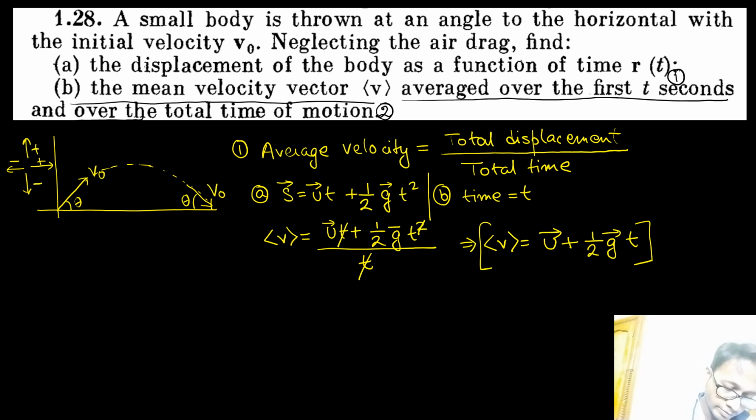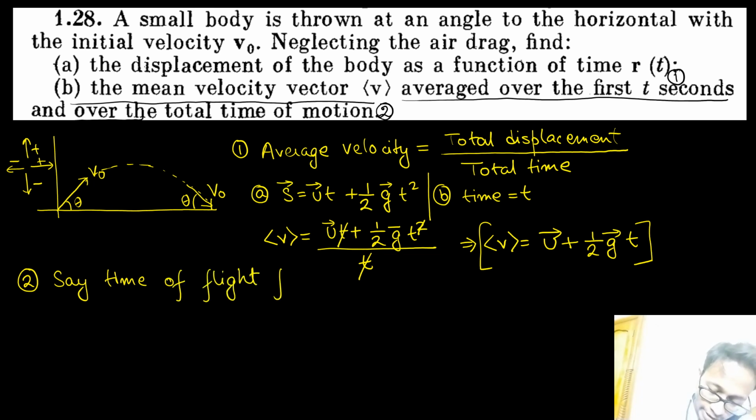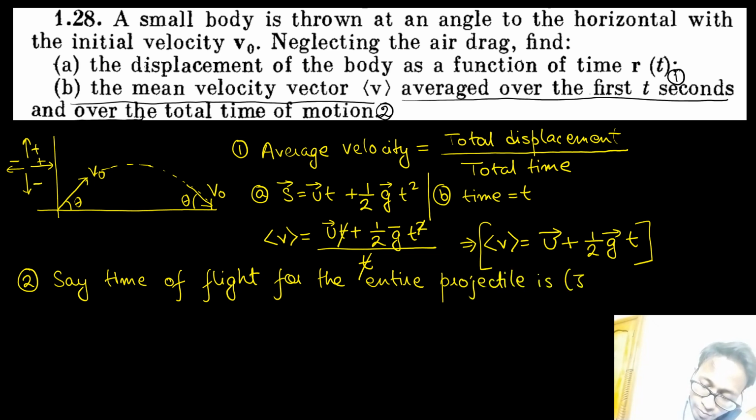Now we need to find the average for the entire projectile. Let's say the time of flight for the entire projectile is tau.